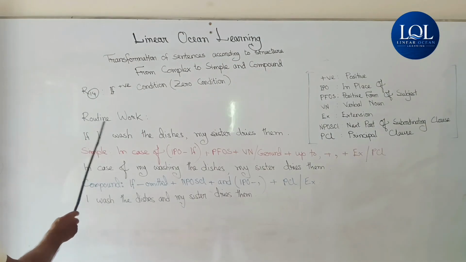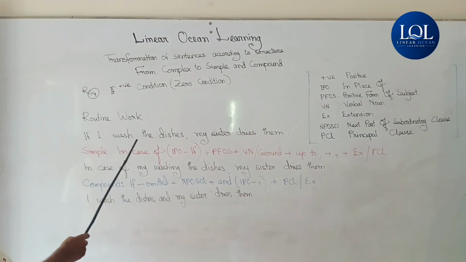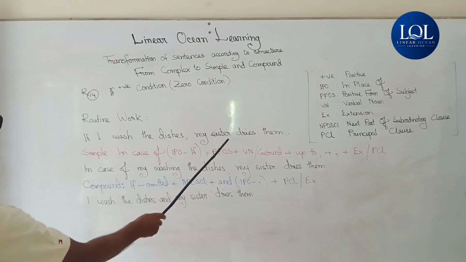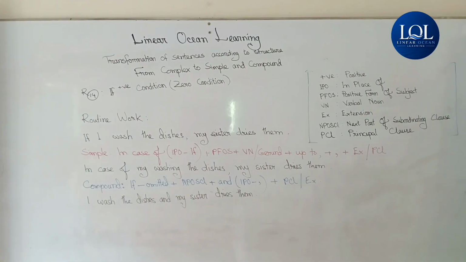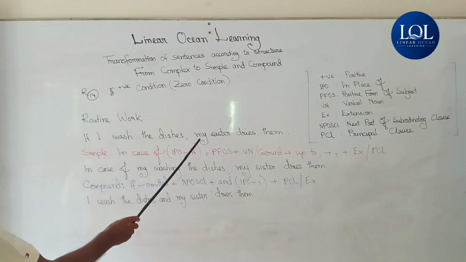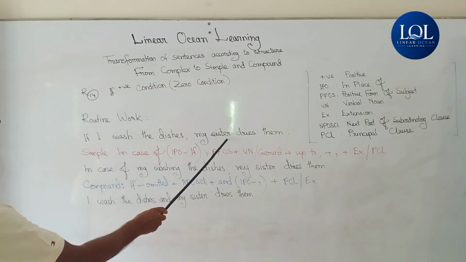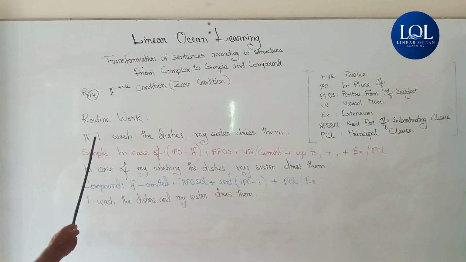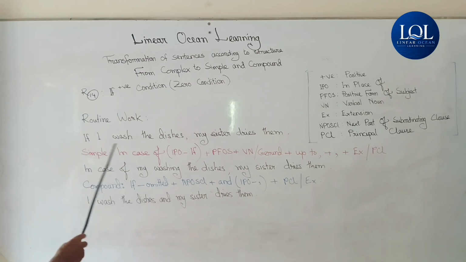Now routine work. If I wash the dishes, my sister dries them. Viewers, here we have got another perspective. That means in the subordinating clause subject is I, and in the principal clause subject is my sister. That means subject different in both the clauses. If we want to put it into simple sentence, we have to follow this structure.